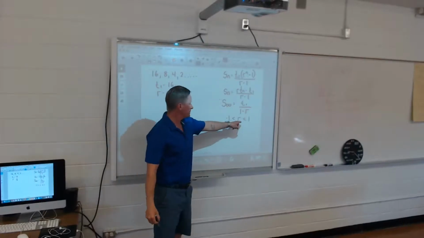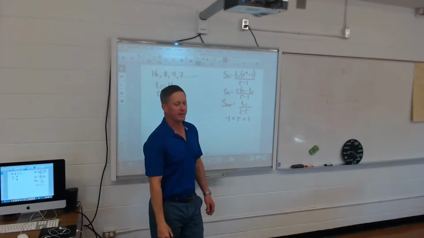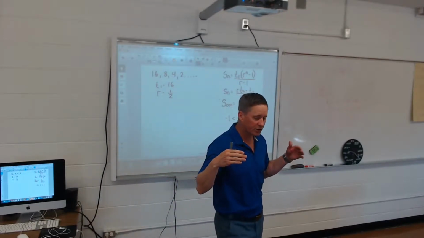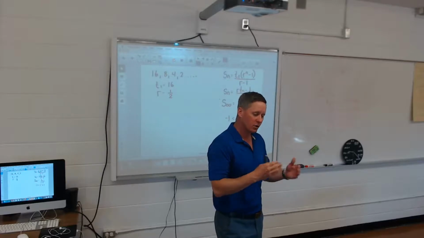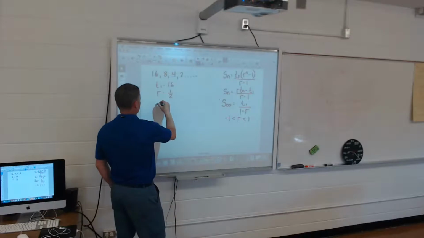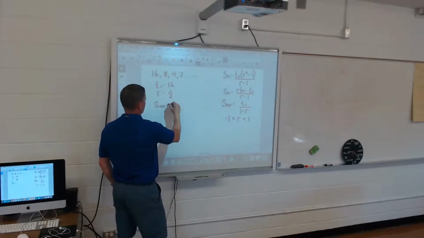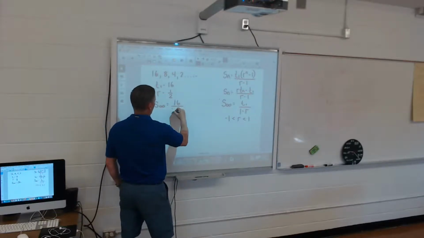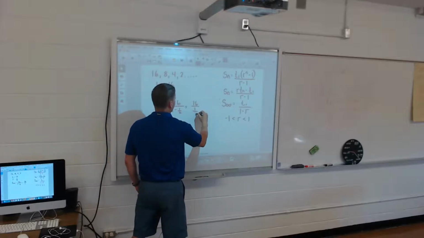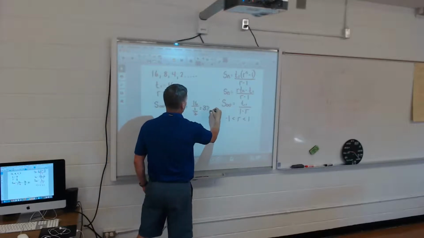That falls between -1 and 1, which means that my sum is going to converge, which means come together towards one particular value. So 16 over 1 minus 1/2, which is 16 over 1/2, which means it's equal to 32.